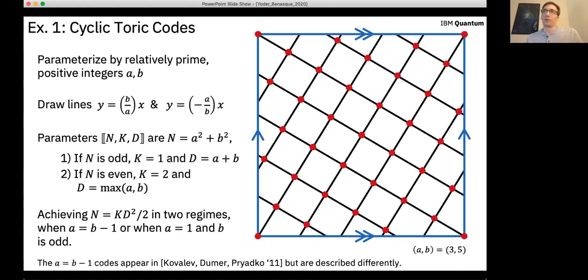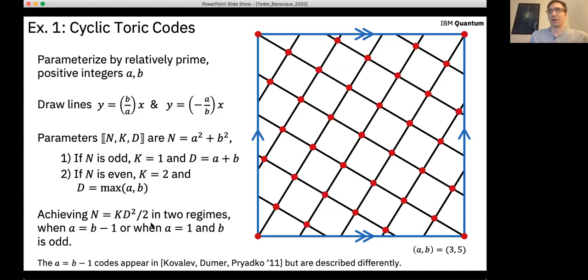More generally, when you draw these lines, you get a code that has a squared plus b squared qubits. If the number of qubits is odd, then it's not checkerboardable and you get only 1 encoded qubit. The distance is a plus b. It takes some work to show this actually.